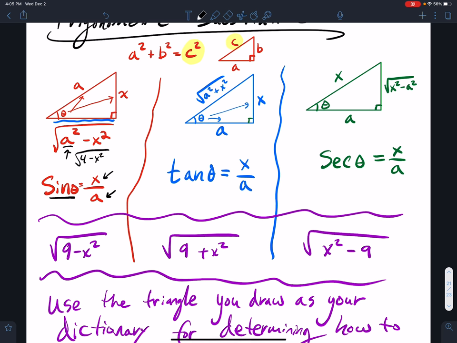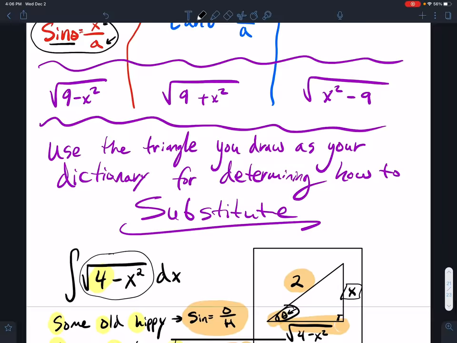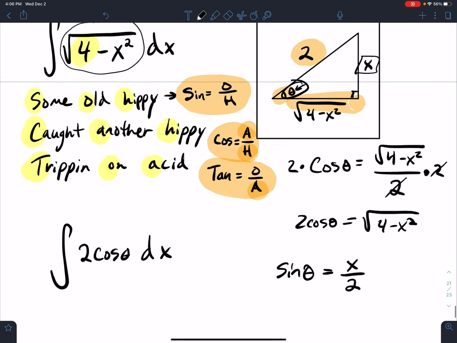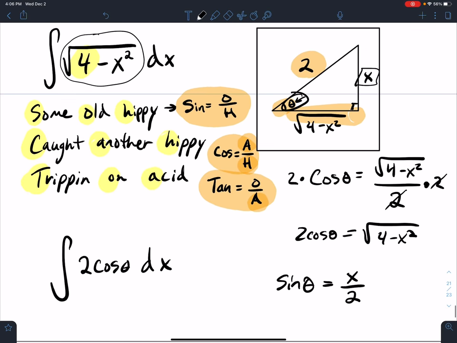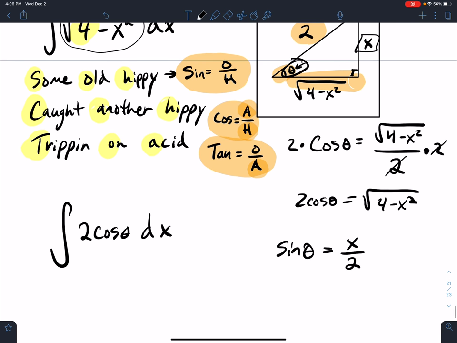If a squared equals 4, then a is going to be 2. So we're getting the same thing, except we're using a picture instead of just memorizing some random substitutions. So to me, this is more intuitive for students and easier for them to understand. Okay? So why make life any harder than it has to be?